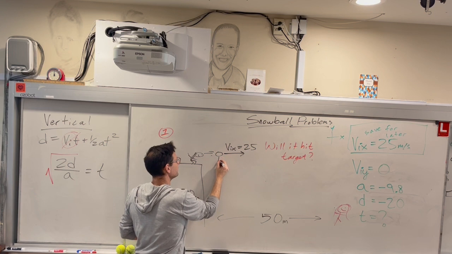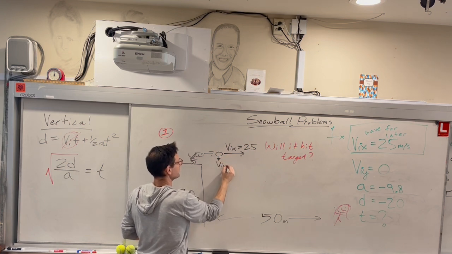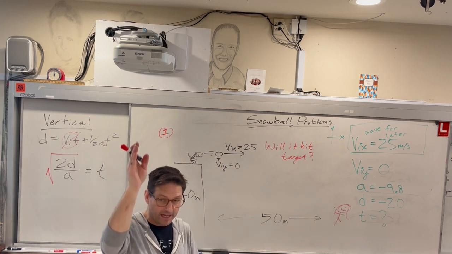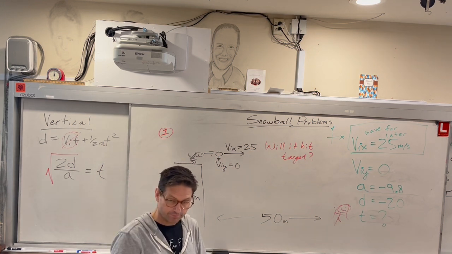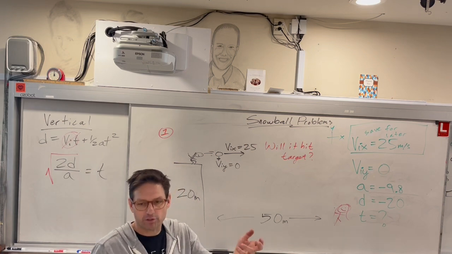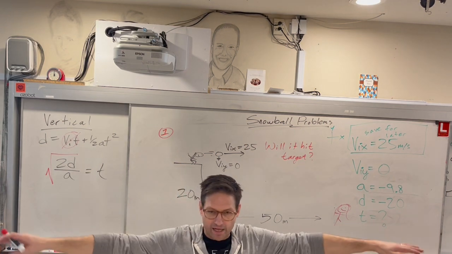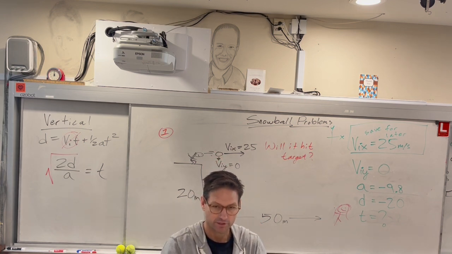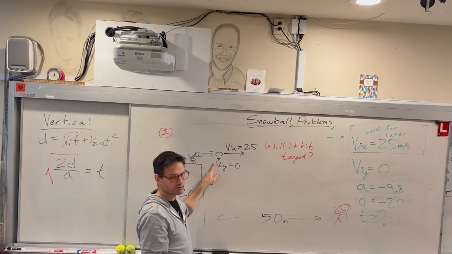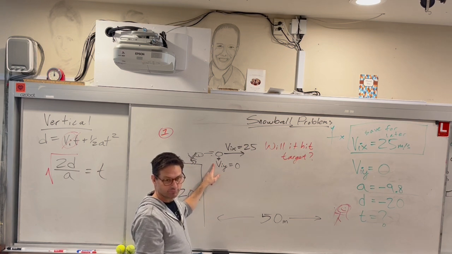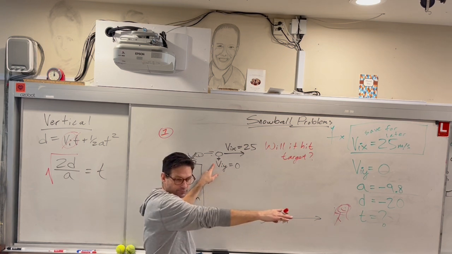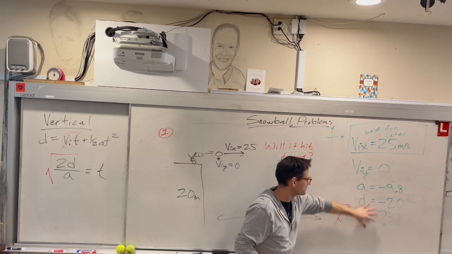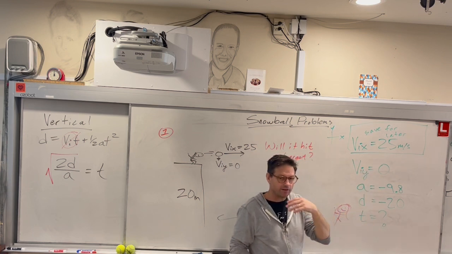But vertically, it's 0. Because gravity only acts in the vertical direction, gravity has no power over what happens in the flat way. It only has power over what happens vertically. So vertically, this has a velocity of nothing because it's only going flat. So we use this as our VI because this velocity is all changing because of gravity.